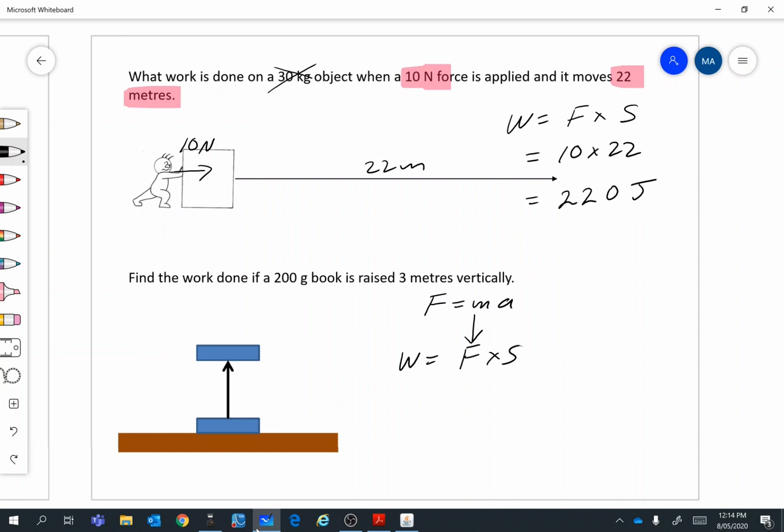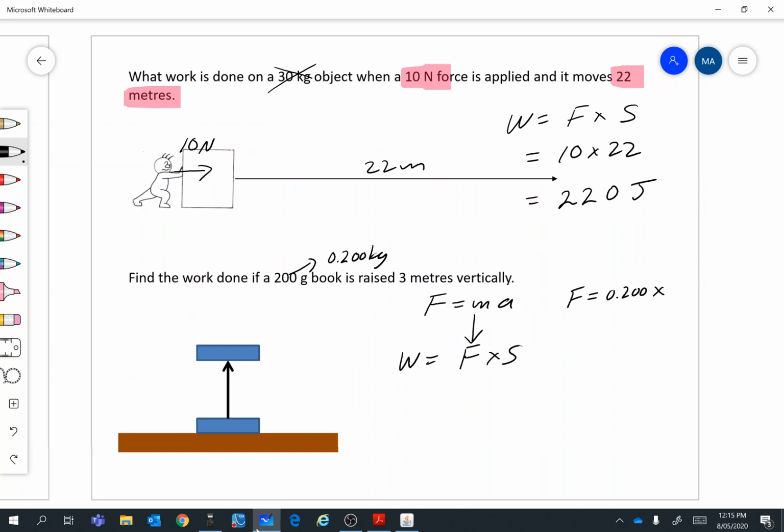Okay, so let's see what your answer compares to mine. So force equals mass times acceleration. So in this case, the force required to lift this book is equal to the mass of the book. That's 200 grams, but of course we need to convert that to kilograms, the standard unit. So 0.200 times acceleration. Now what on earth is the acceleration here?